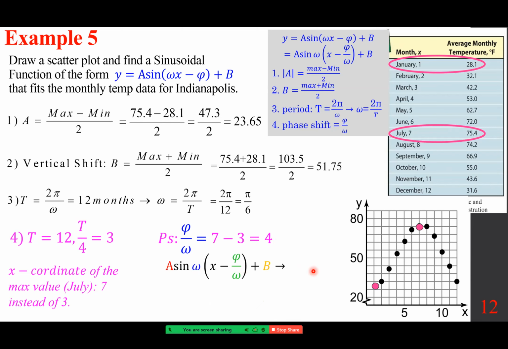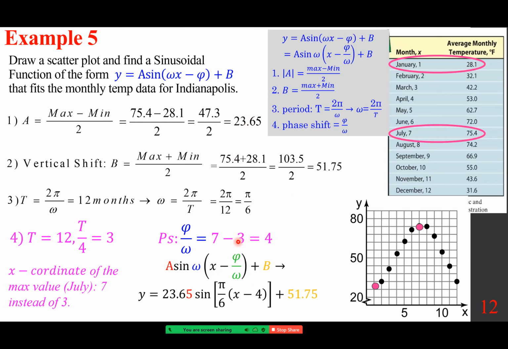Here's the formula. A, we have it here. Omega times x minus phi over omega plus b. We have it here. We write everything.